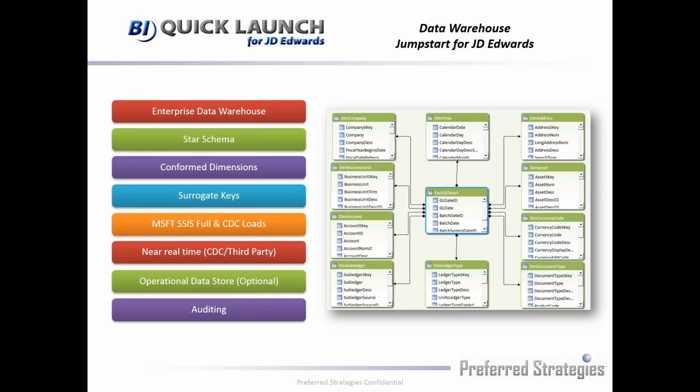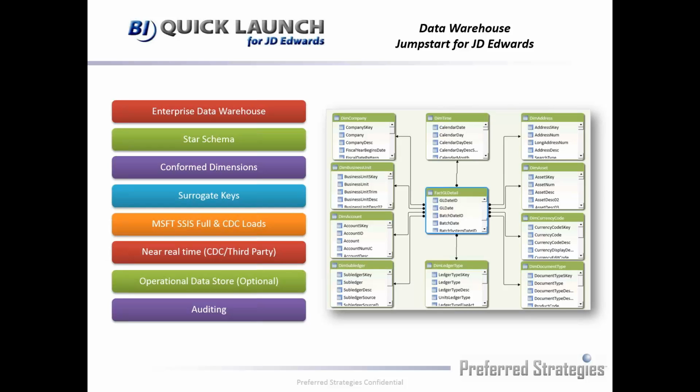So we're giving that starting point with a lot of that headache already resolved, but we're still just connecting at the data. With the data warehouse, you're going in as part of that transformation process, converting all that cryptic JD Edwards data into the star schema.